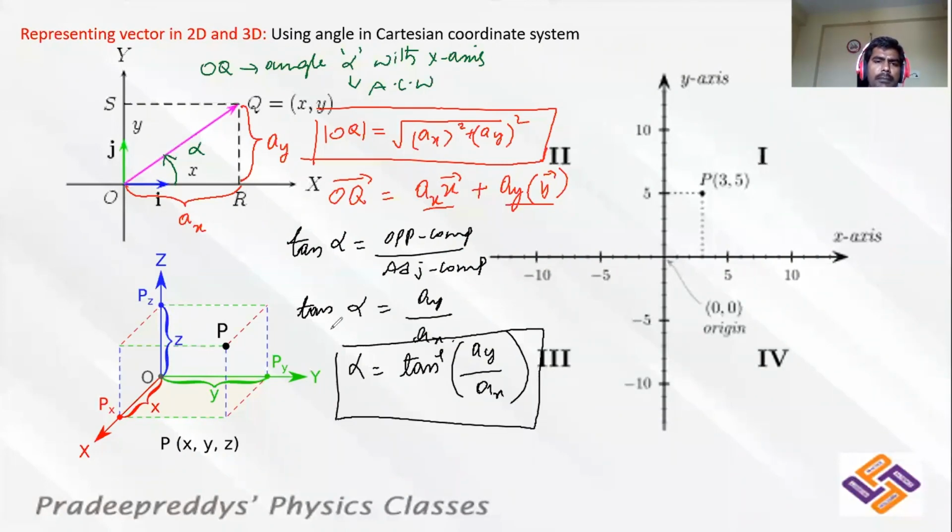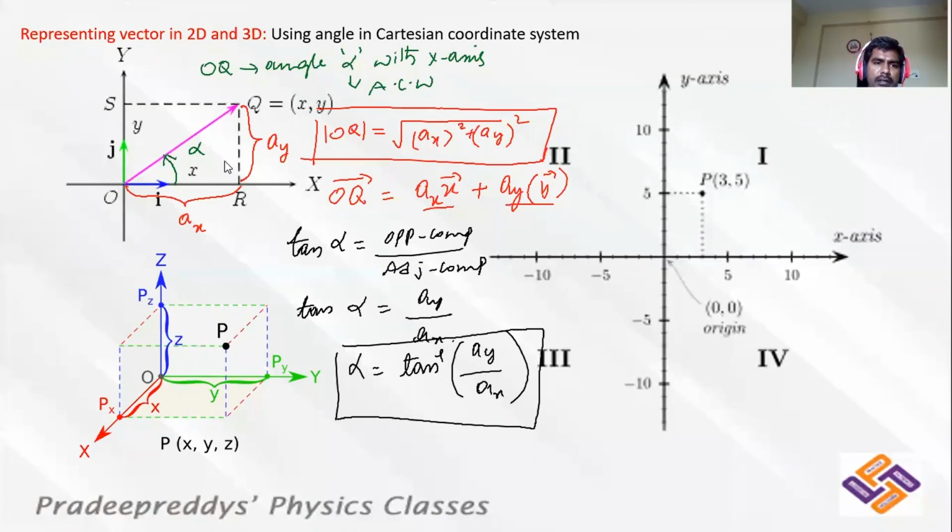Now the total representation of a vector becomes very simple when you take a coordinate system, because any given vector in the coordinate system will project some length along the x-axis as well as the y-axis. Definitely you can find those projection lengths. It can be 3 units, 4 units, 5 units, any number.